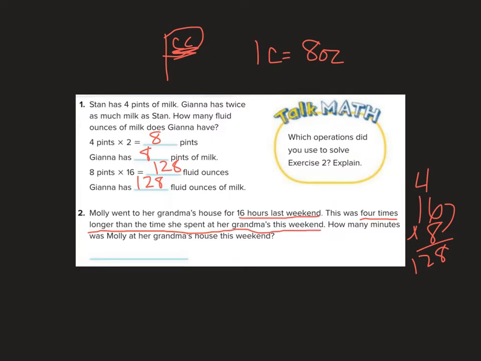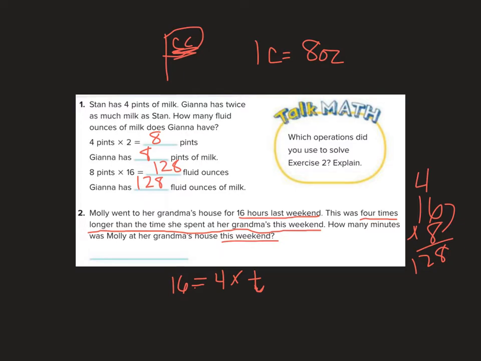So last weekend she went for 16 hours and 16 was 4 times this weekend. So if I were going to write that in equation form, 16 is 4 times this weekend, T for this weekend. Okay. How many minutes was Molly at her grandma's house this weekend?